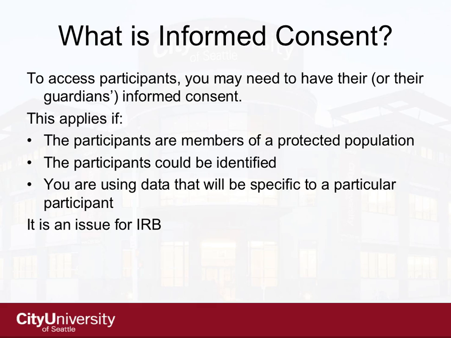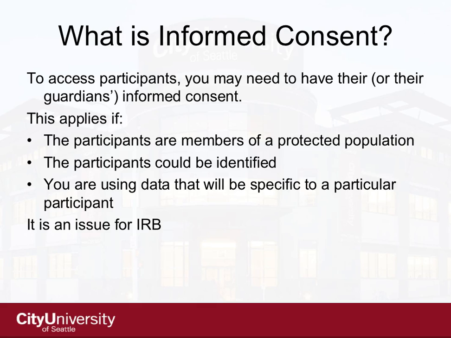Informed consent, by the way, is needed if you need to access them or have their guardian's permission. It applies if the participants are members of a protected population, if they can be identified, or if you're using data that's specific to a participant. It is an issue for IRB.